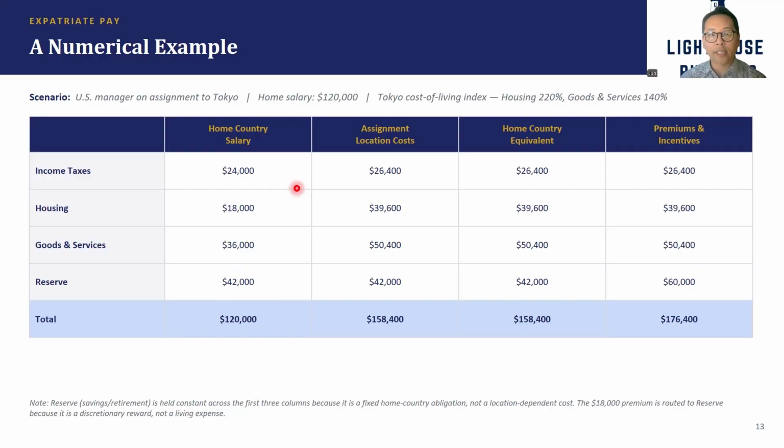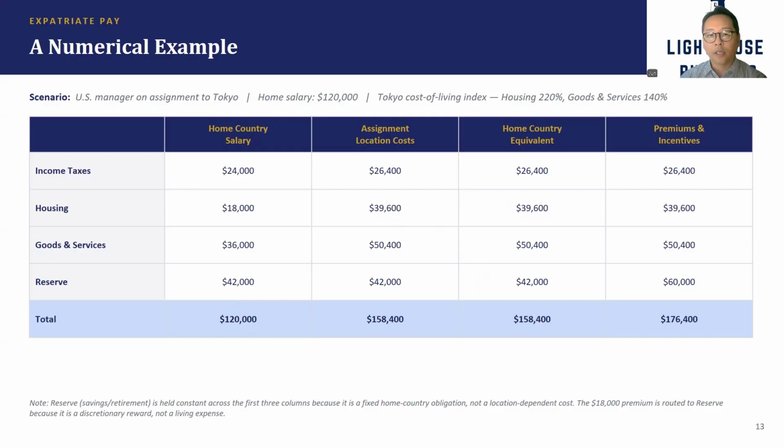Now move to the second column. Tokyo is expensive. If we take those same 4 categories and reprice them using Tokyo's cost of living, housing running 2.25 times the US cost is very expensive, and goods and services about 1.5 times. Housing jumped to $39,600, and goods and services to $50,400.